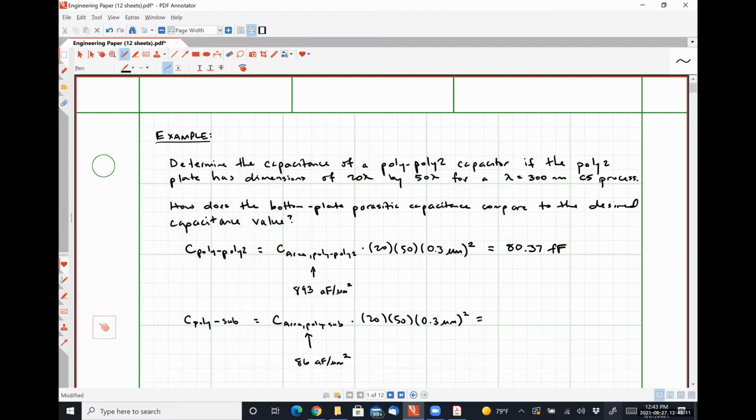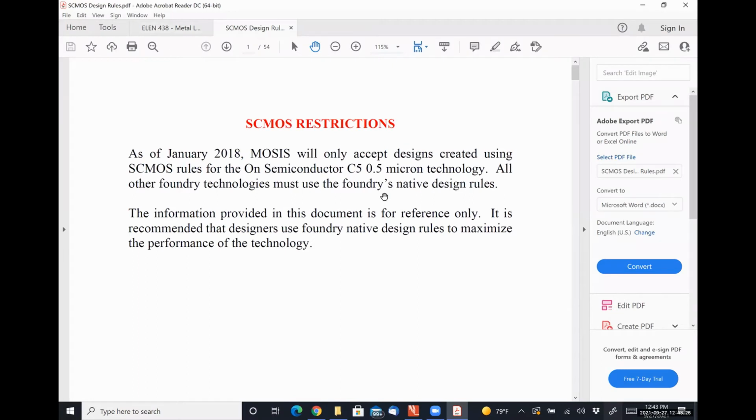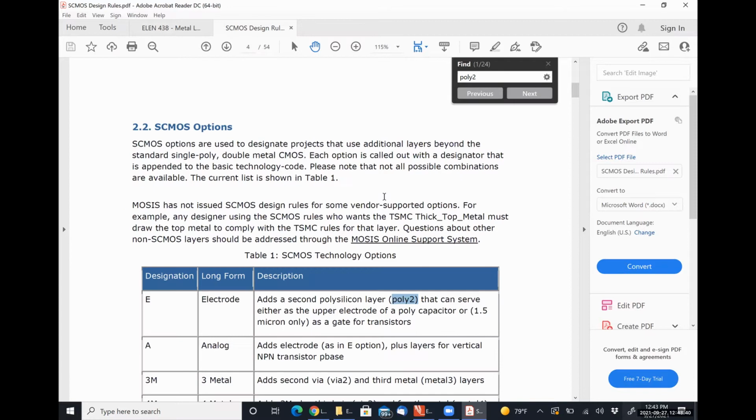All right, so sorry, I have made a mistake here that's going to require us to look at our SCMOS rules to explain what's going on. Let me find poly 2, that'll be the easier thing.